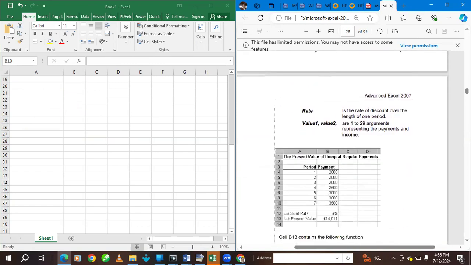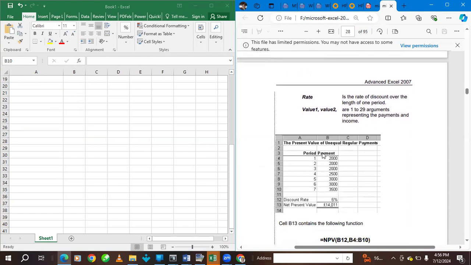Let us look at this kind of value: the present value of a unique irregular payment. For example, if you have been dropping somewhere 2,000, 3,000, 4,000, 2,000, 1,000, and you want to get your net present value, what will you do in this particular case?